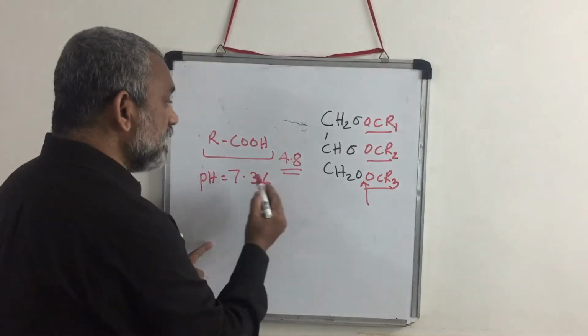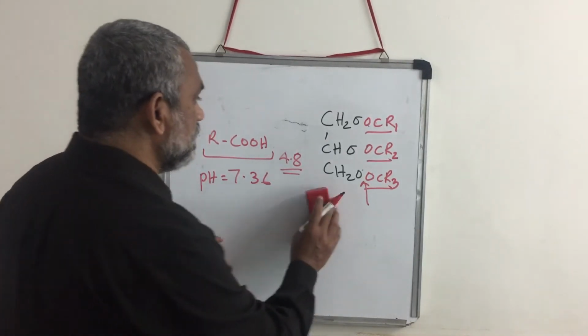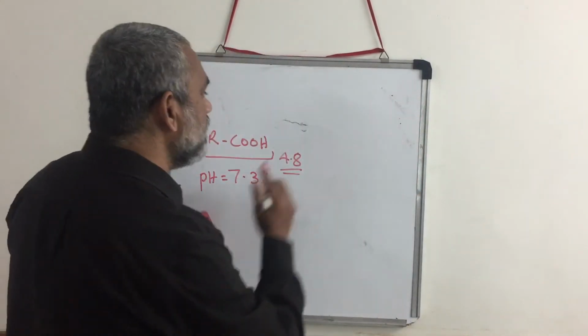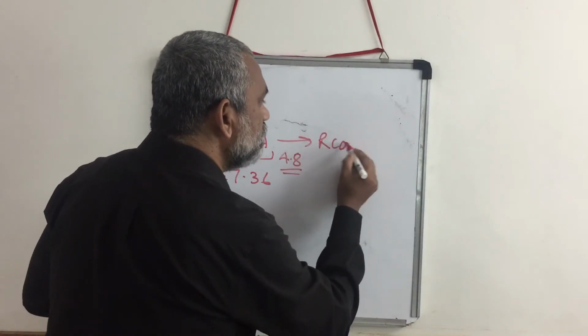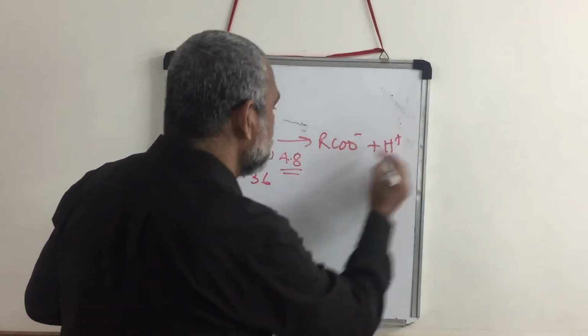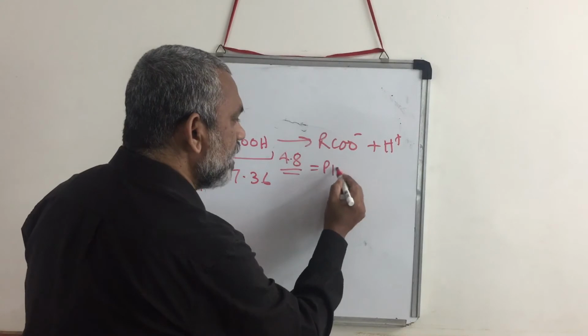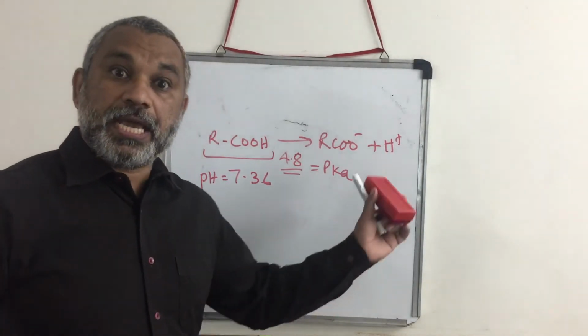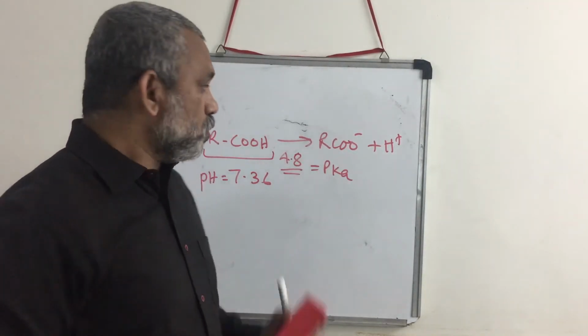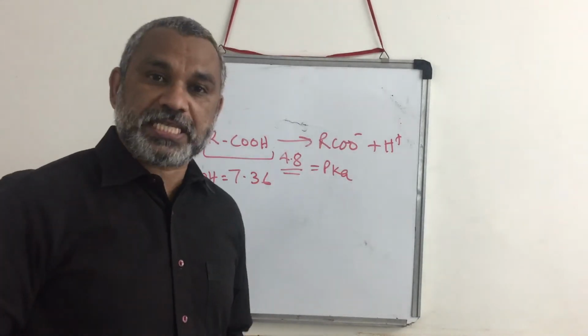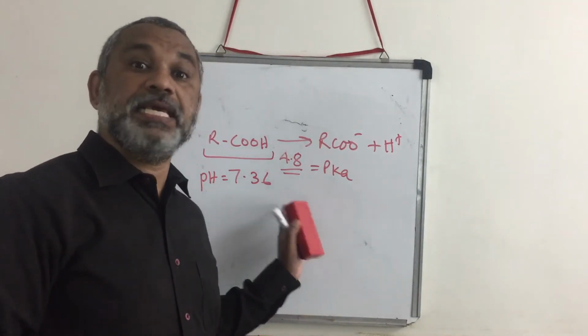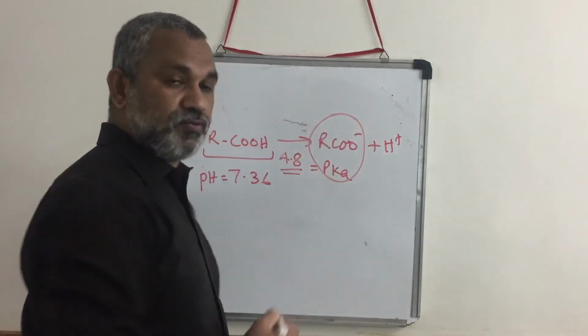So this will exist as RCOO minus plus H plus. At this pKa value, it exists in ionized form. Therefore, at 7.36, it will exist in this ionized form.